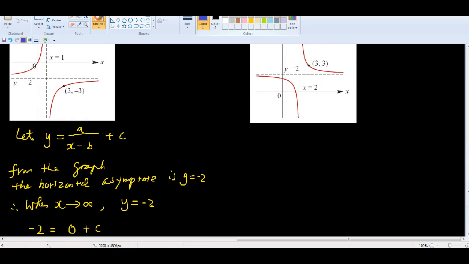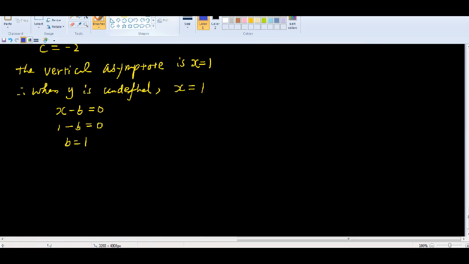To find a, you need an extra point. So that will be the extra point, 3, minus 3, which is given. Okay, so let's say y equals a over x minus 1 minus 2.